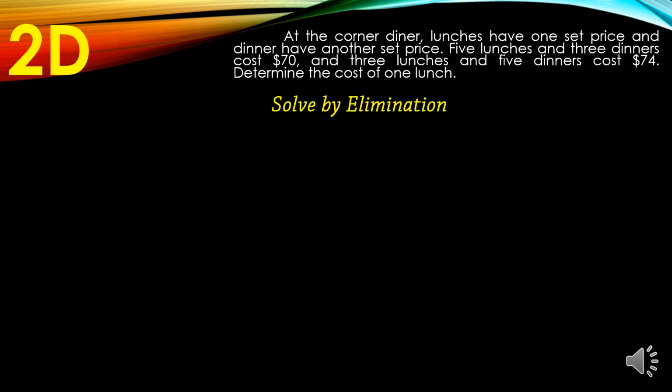This is what we call solving by elimination. We need to find the cost of lunch and dinner, so we represent them by x and y. In the first problem, five lunches and three dinners equal $70, so we have 5x plus 3y equals 70.